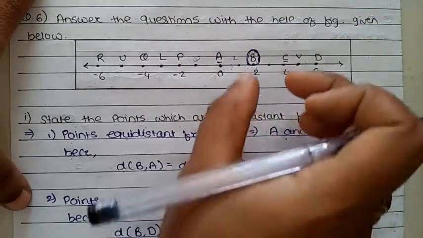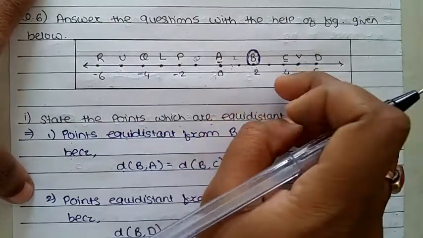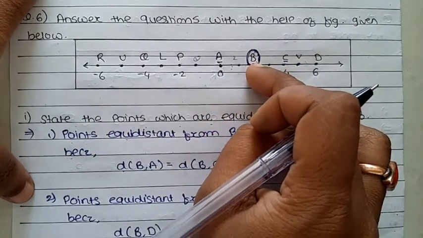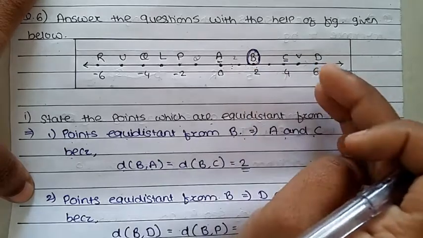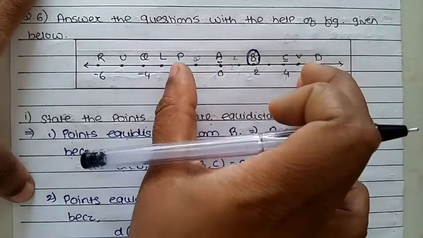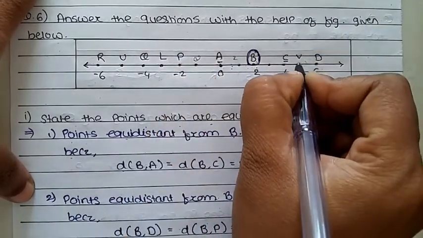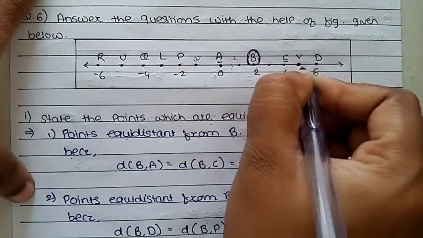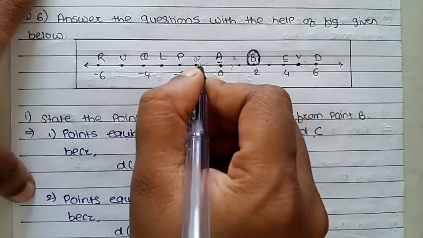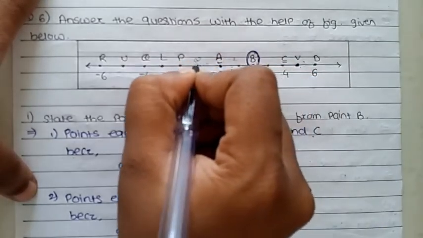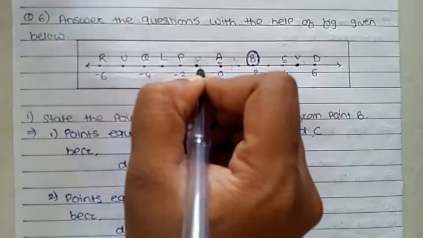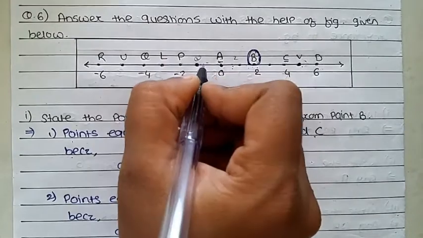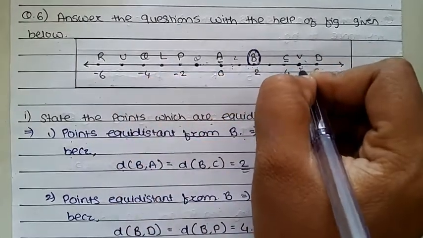Okay. Now, next consider here, suppose we consider point D and point P. If we consider point V here, the equidistance from this one is not valid. Why? Because in this place we don't have any character here. So we have to skip this one.